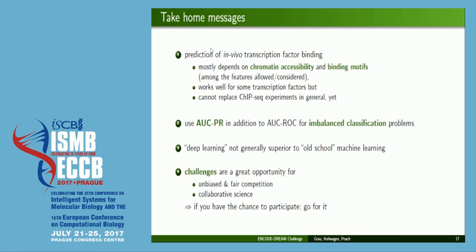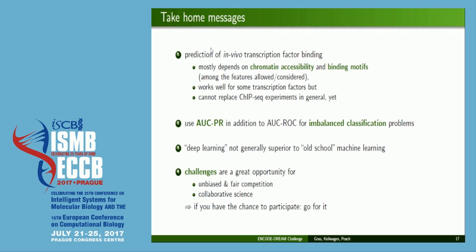So with that, I would like to tell you what I would like you to remember from my talk. And first of all, the prediction of in vivo transcription factor binding, as we did it in the challenge, seemed to mostly depend on chromatin accessibility and binding motifs.